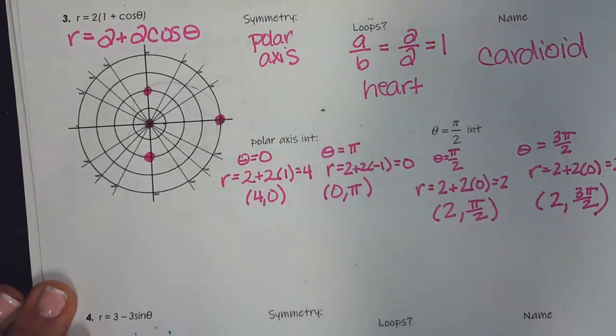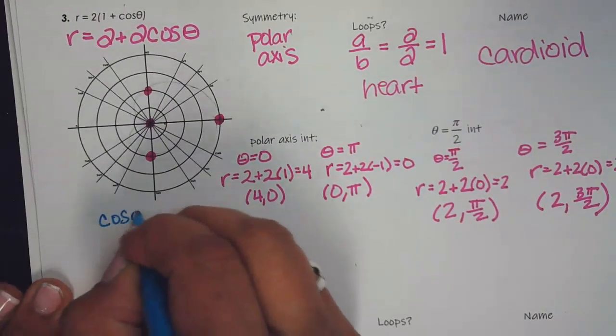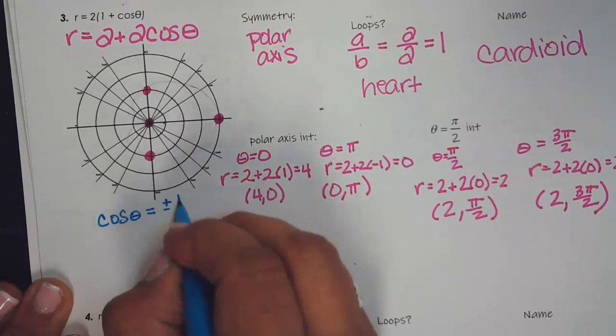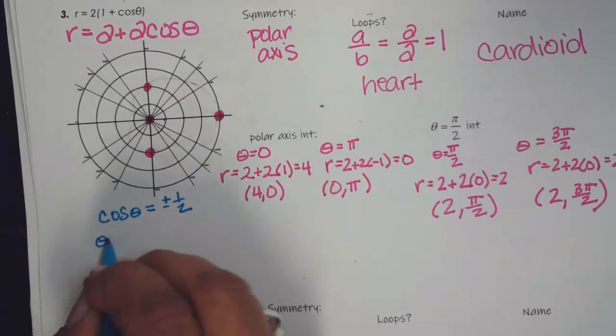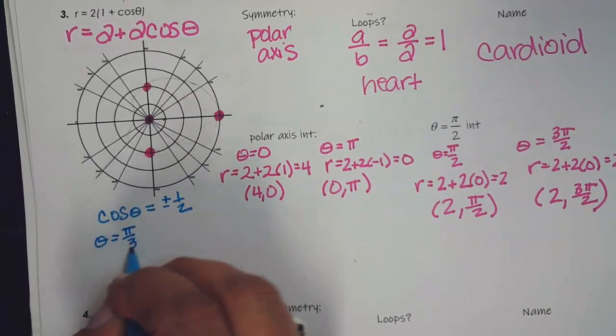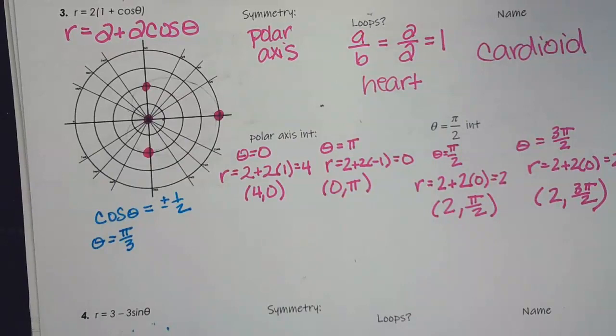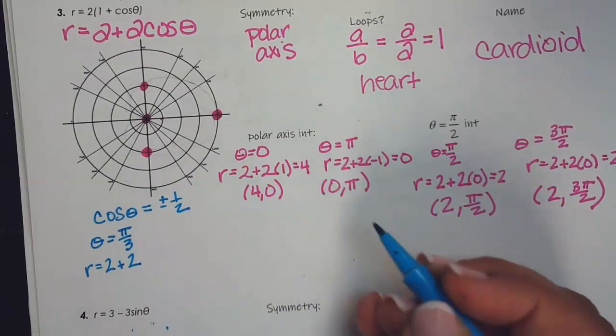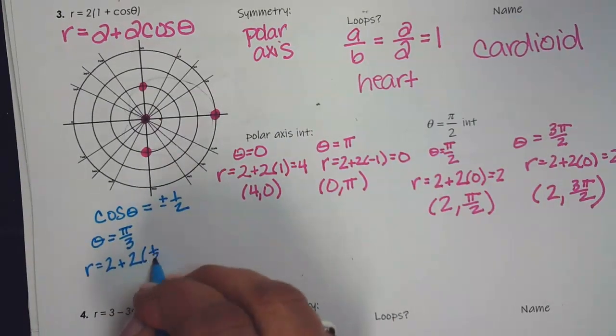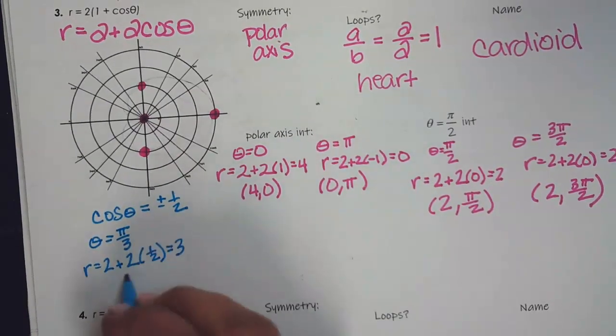So another thing I could think about is when the cosine of theta is plus or minus a half. So again, that's going to be the pi thirds family. If I have theta equals pi thirds, then my r is going to be 2 plus 2 times the cosine of pi thirds, which is 1/2, so that's 3.